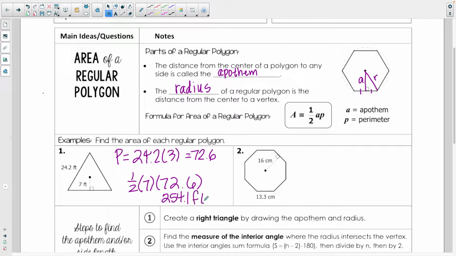And we got to put feet squared out to the side for area. Any of your area should be squared. Okay, so 1 and 2, those are easy. You find the perimeter, you multiply 1/2 apothem times perimeter. All right, go down, and let's go down here, number 3.